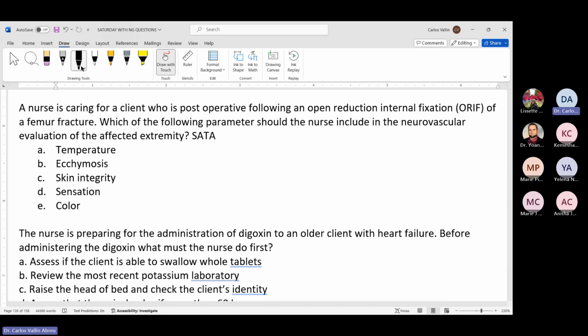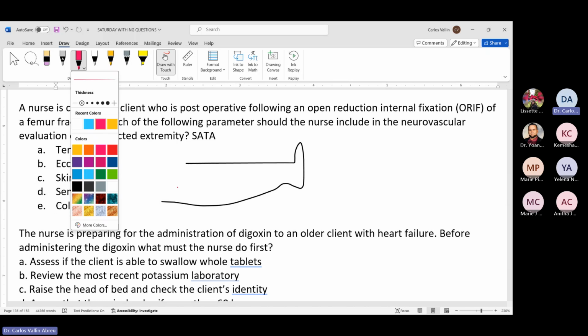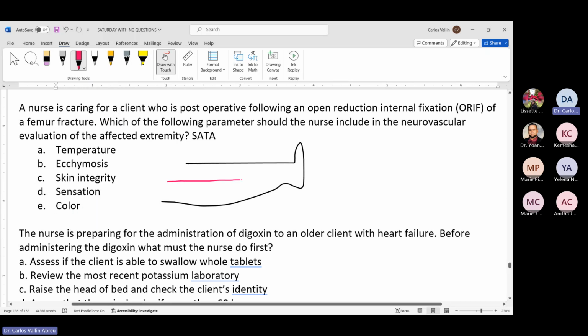Remember that when we are doing a neurovascular assessment of an extremity, upper or lower extremity, we are evaluating the arteries that bring the blood from the heart toward the distal part, the foot in this case. But also we are evaluating the nerve that accompanies those arteries and allows the extremity to move and feel.